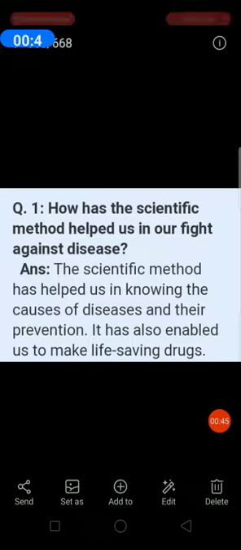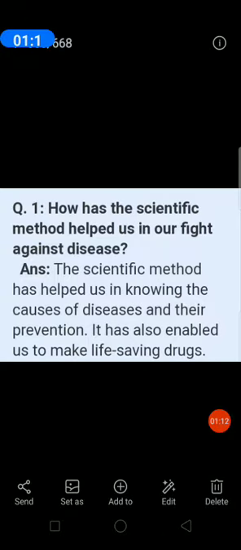Here is the first question. How has the scientific method helped us in our fight against disease? Its answer is the scientific method has helped us in knowing the causes of diseases and their prevention. Prevention means preventing something or safeguarding something or someone.